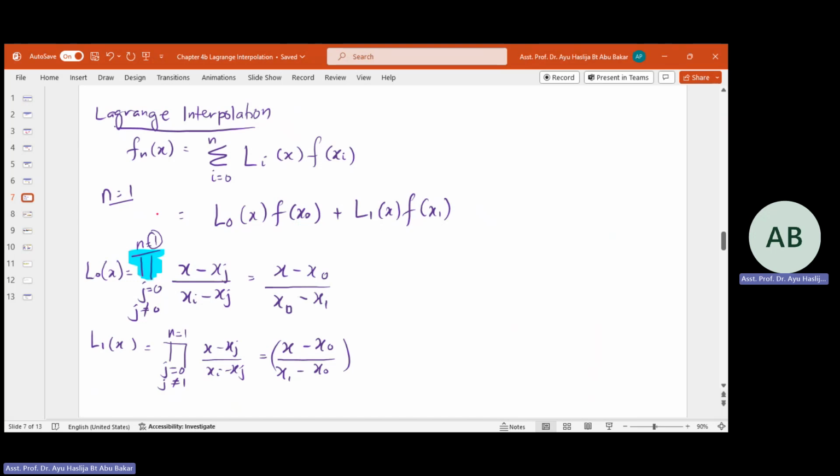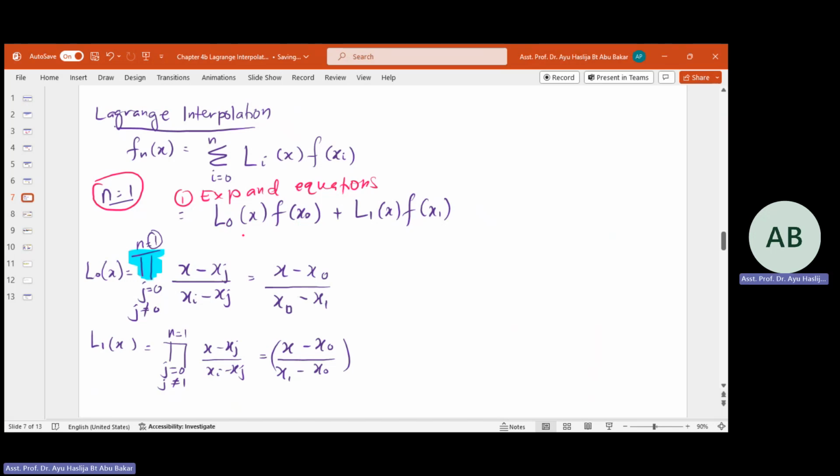First thing, expand the equation, where it will involve L0 and L1. Remember, n equals 1. It depends on your n.